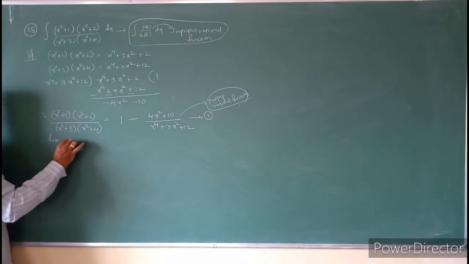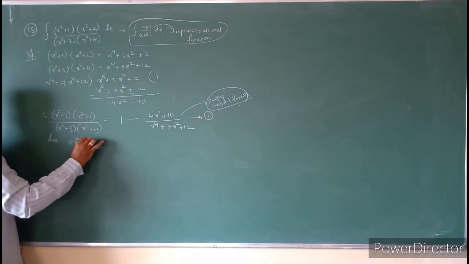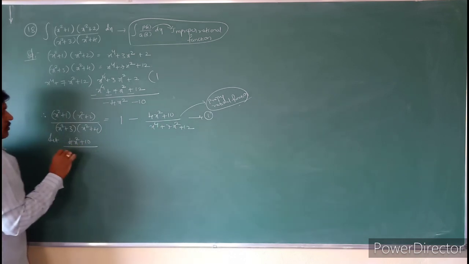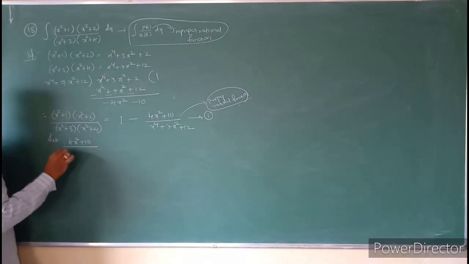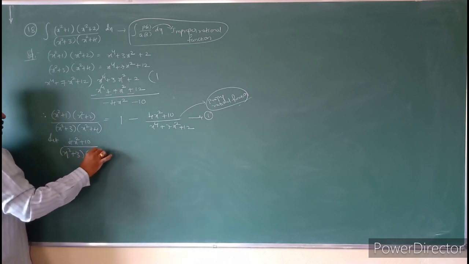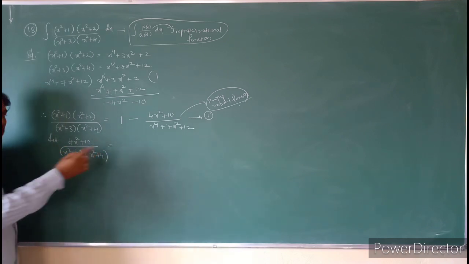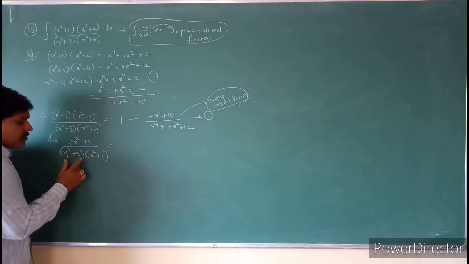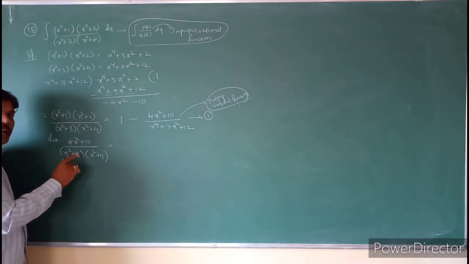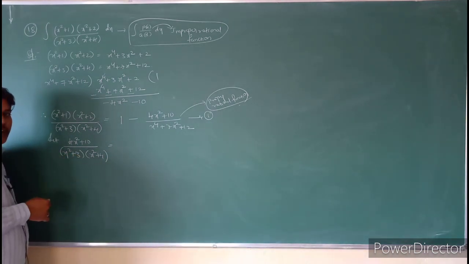Let 4x square plus 10 by, what is this value? This value is nothing but the denominator, that is x square plus 3 into x square plus 4. How can you take the partial fraction, students? So this is a quadratic and non-reducible into factors.